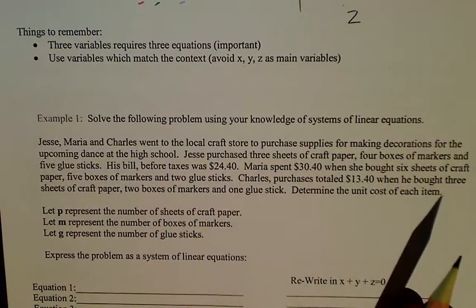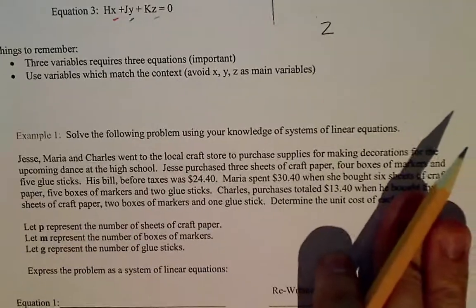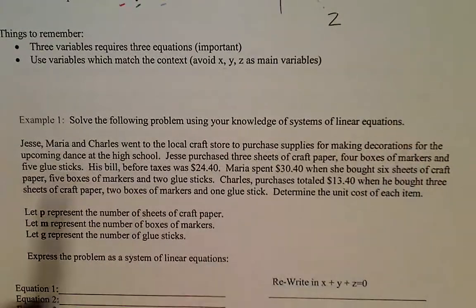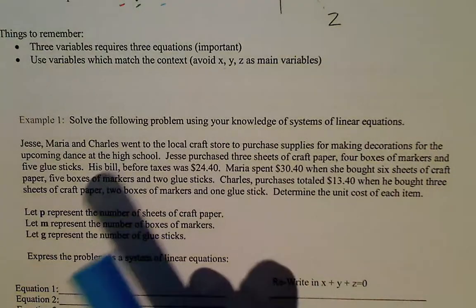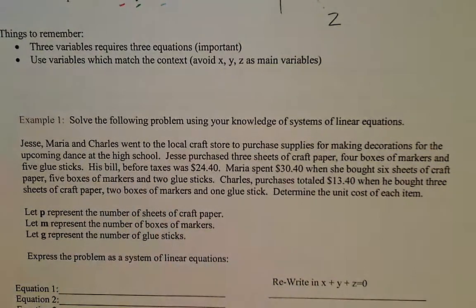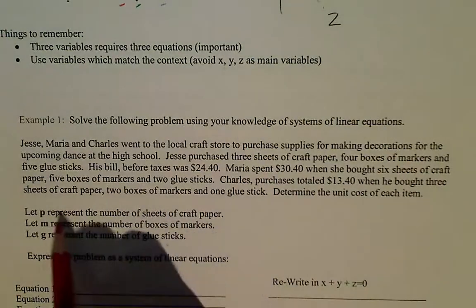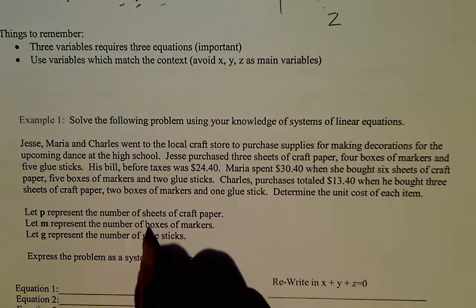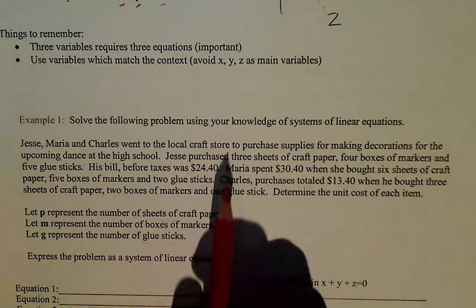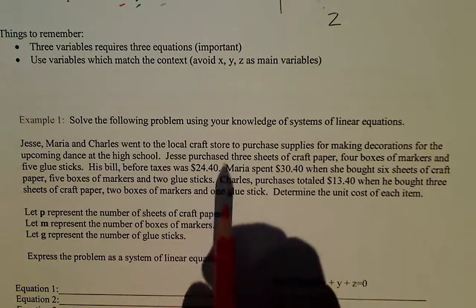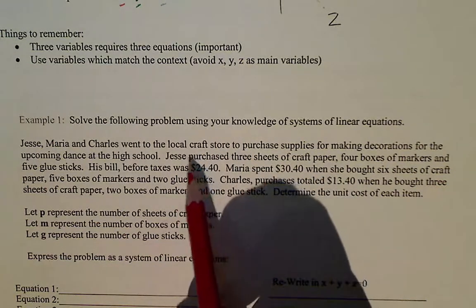Now, I'm not going to read this entire piece. You can do that. But I am going to point out the parts that you're looking for. What I've done here is give you the variables already that you want to use. That's telling me we're looking at the sheets of paper, the boxes of markers, and the glue sticks in the particular wording here.